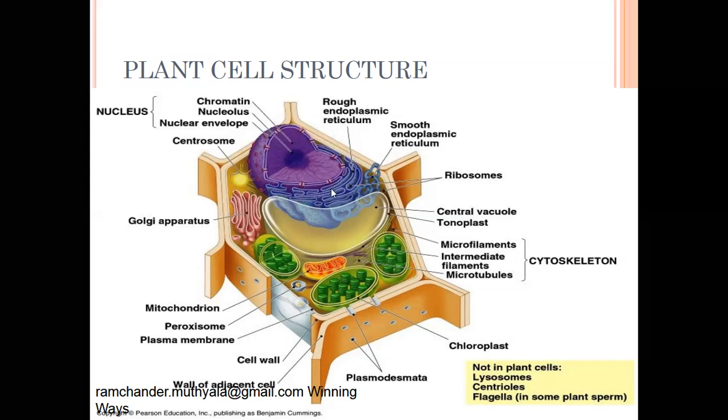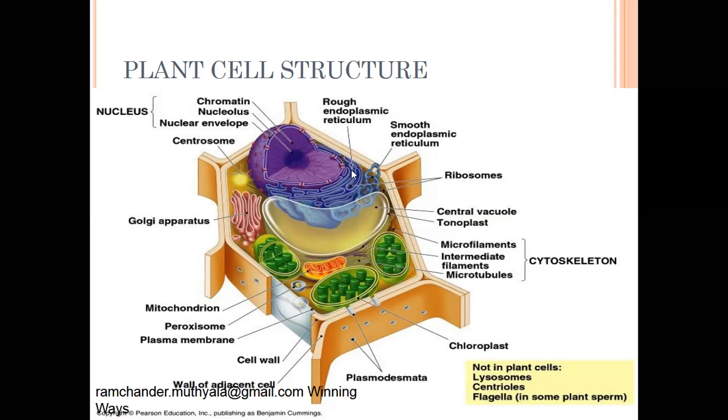Rough endoplasmic reticulum means ribosomes are present on its surface. Based on the presence of ribosomes, it is called rough endoplasmic reticulum. Its main function is preparation of proteins by protein synthesis.